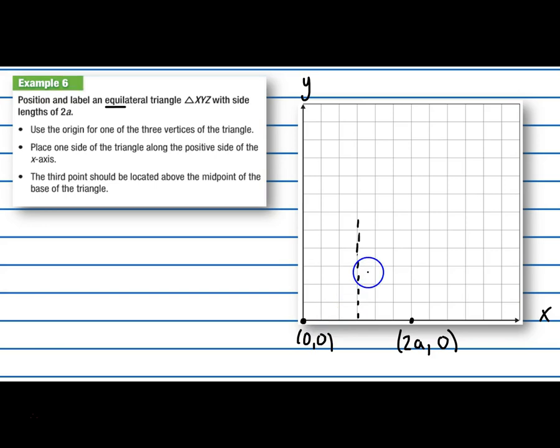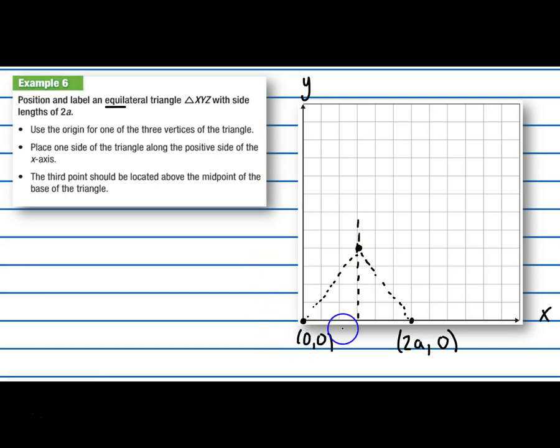And our goal is to find our other point for it. So from here, I'm just going to sketch one of the triangles, what it could be. So from here, I know right here is more or less our midpoint for this triangle.